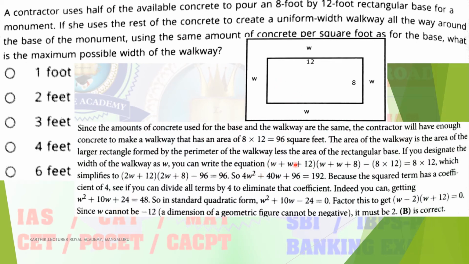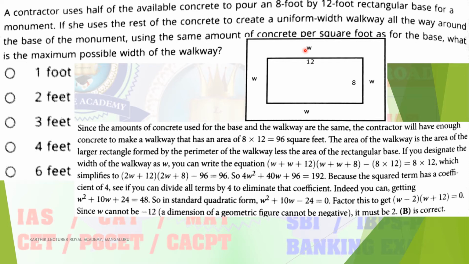So first you just consider multiplication. Why? Because this is a rectangle. Rectangle is nothing but length into width, that you have to determine. So here you just consider the outside area. So how to find out the outside area?